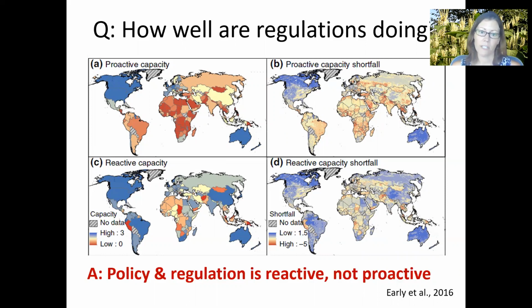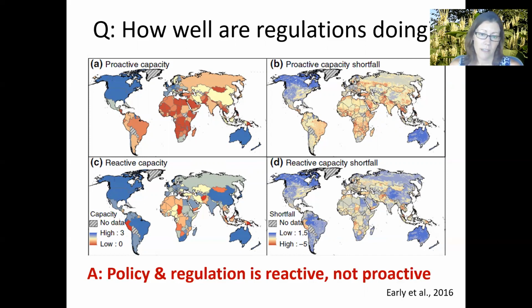Reactive regulations are things like, okay, the species is already here, now we're going to go out and try to manage it, or having a list of species that are invasive in your country or jurisdiction or state, so that managers know which ones to look out for or monitor for.